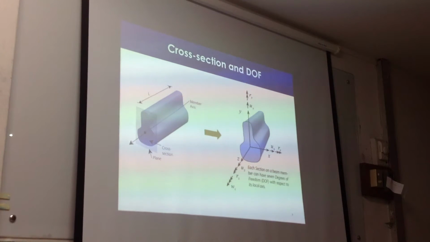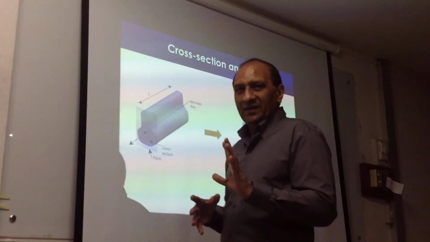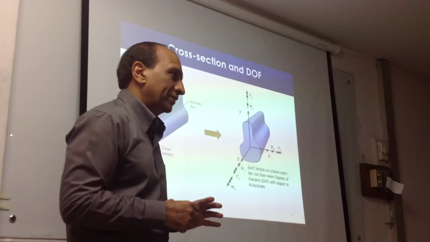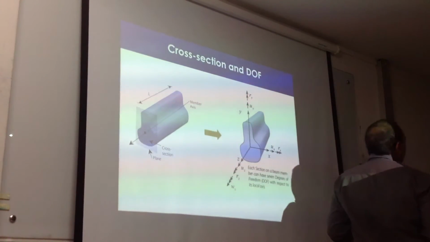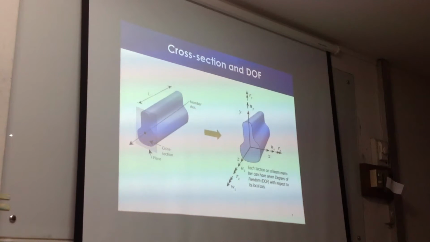So the plane is no longer a plane after deformation, and that deformation of the cross section out of plane is called warping. So please remember that warping is very important, and it needs to be considered or it needs to be ignored. And it's very interesting why civil engineers did not learn about this until now, even though it's present in every case.